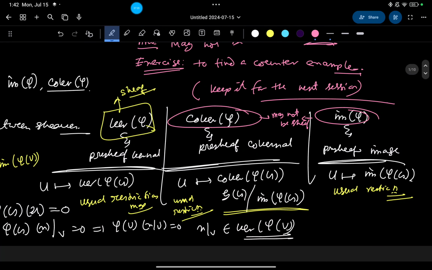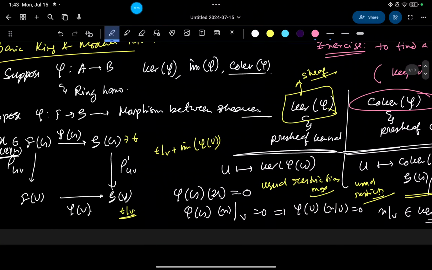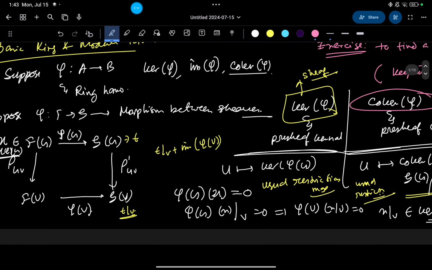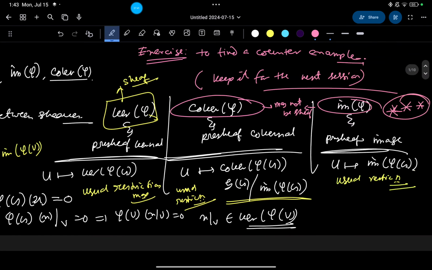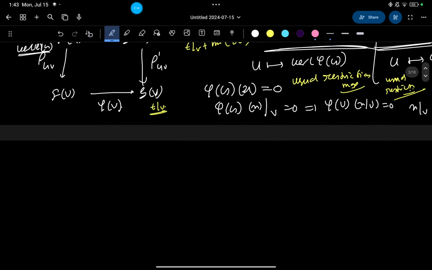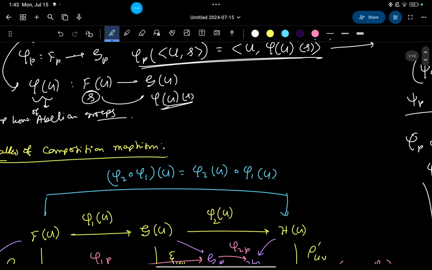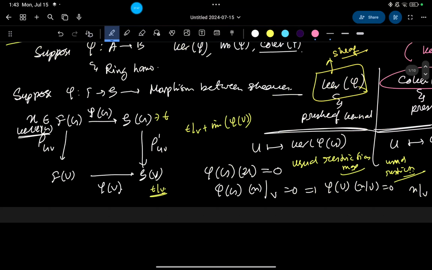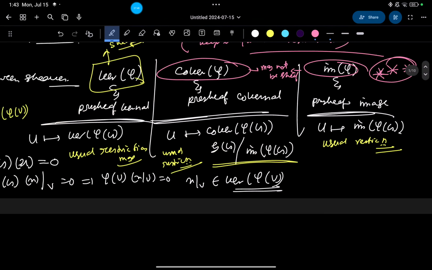So it is also a very good example of when a presheaf is not a sheaf. Kernel of phi is always a sheaf. You can check by using the properties of a sheaf as well, but these two may not be sheaves.